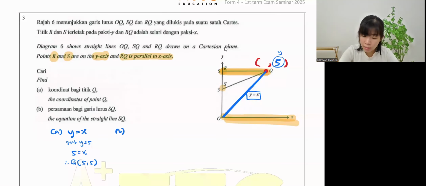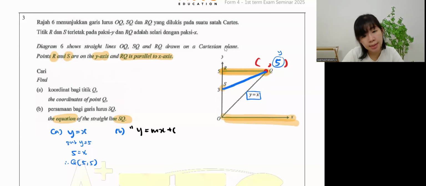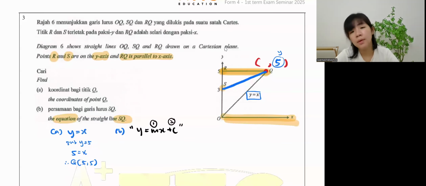Okay, B. What is the equation of SQ? Where is SQ? Okay, SQ is this line. So it's a slanted line. When it's a slanted line, always think of y equals mx plus c. First thing, find m. Second, find c. To find the gradient of this line, do we have two coordinates?